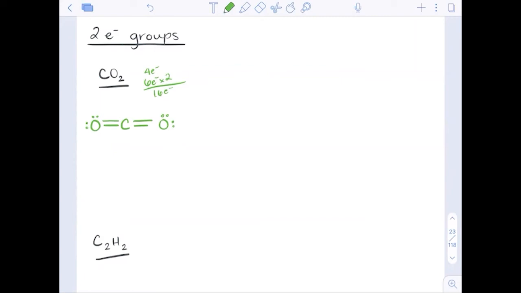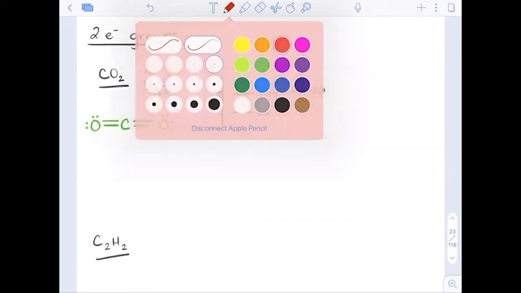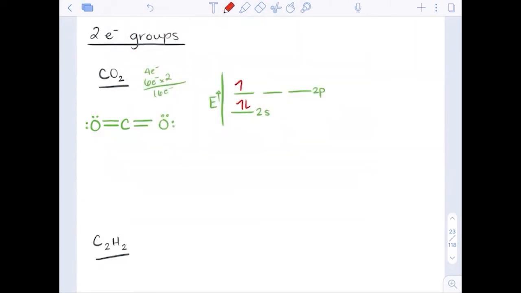Now, when we look at this central carbon, again, we can look at its valence electrons in the 2s and the 2p and identify what we need. Well, we only have 2 electron groups. We would have called this linear, 180 degrees.